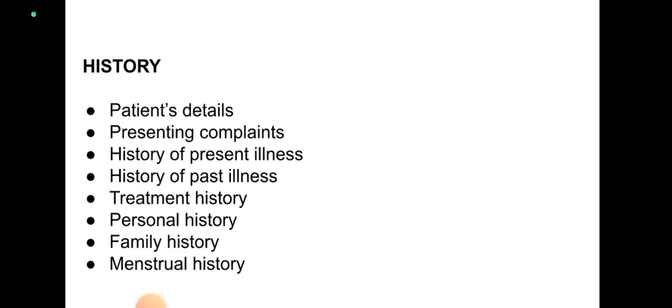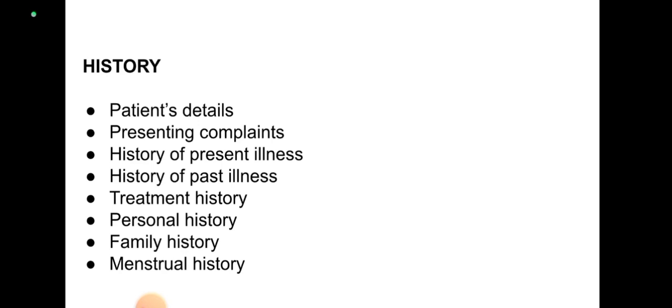After that, we take the history of past illnesses. A detailed account is noted about the illnesses which occurred in the past. Then we take treatment history, in which the details of medication taken are noted, and history of any adverse effects of the drug is also noted.